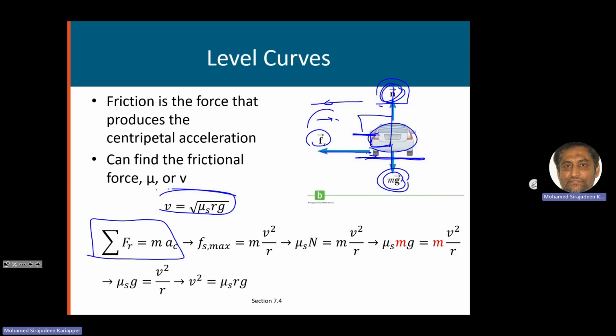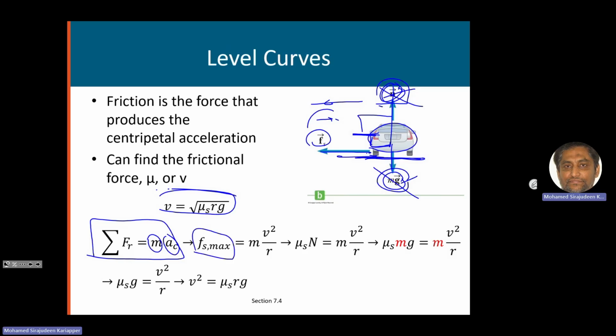Net force in the acceleration direction is equal to mass multiplied by the centripetal acceleration. So we'll substitute now. The only force, this one cannot help, because this is the direction. So only the friction can help.